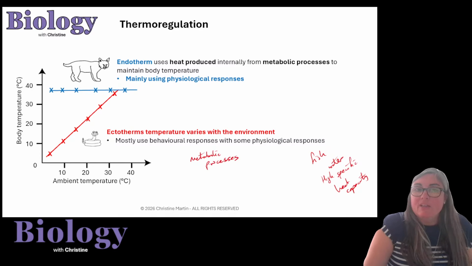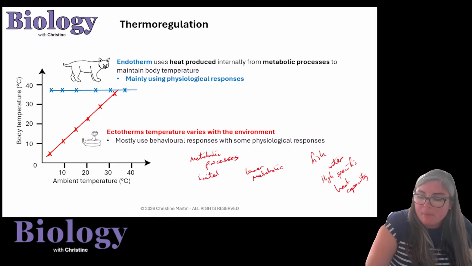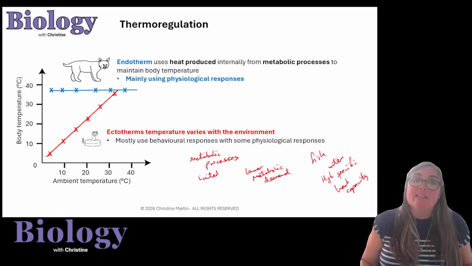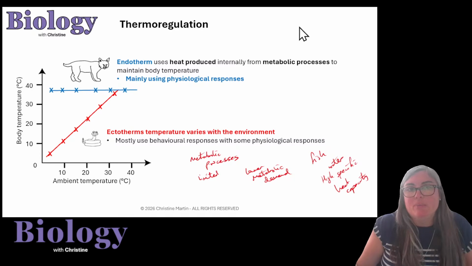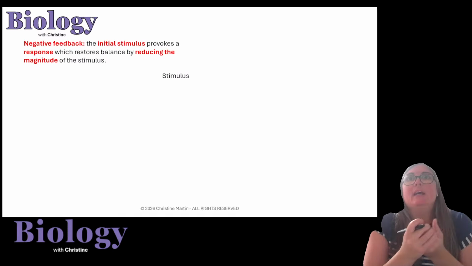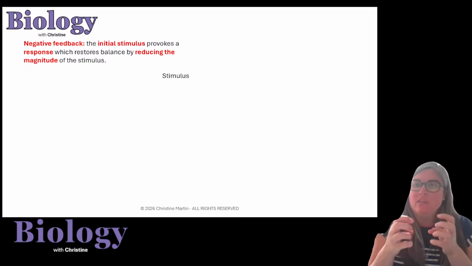And so what we tend to find is they will use behavioral responses with some physiological responses, but their metabolic processes may be limited. Now, that's okay because they're ectotherms, they will have a lower metabolic demand. And by having a lower metabolic demand, there is less need for the transport of substances. So they could look at it in a case of going back to homeostasis, being whether it's negative feedback or positive feedback.